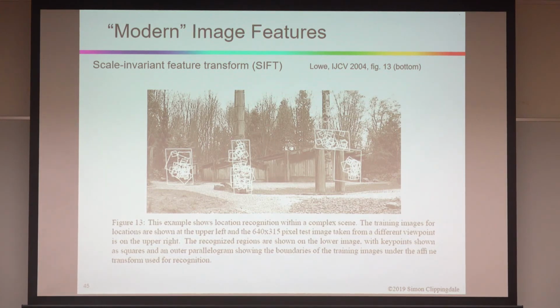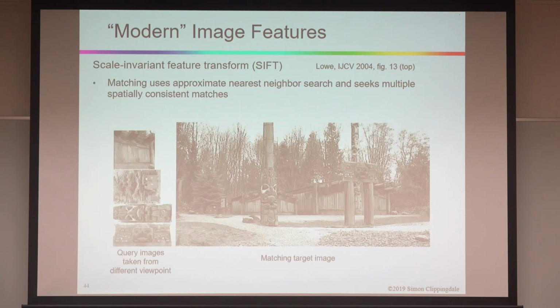This totem pole here, I think, is rotated 90 degrees, and so on. So these features have been used to try and do rotation invariant matching and scale invariant matching.